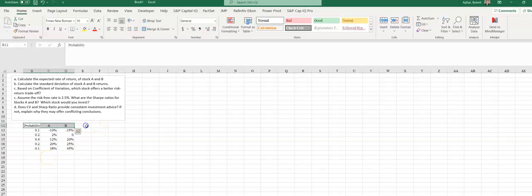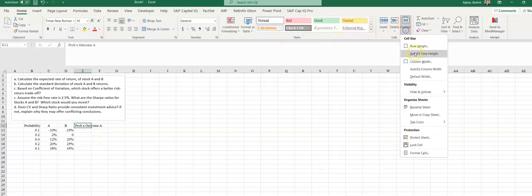Let's look at it in here. Let's create a column in here and say probability times outcome for stock A. So let's enlarge this.